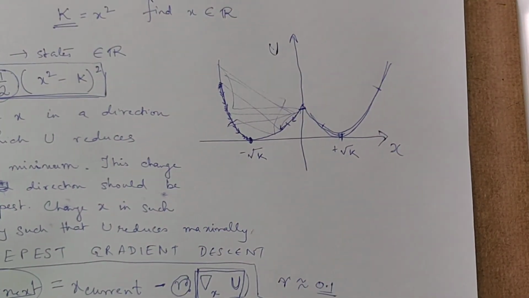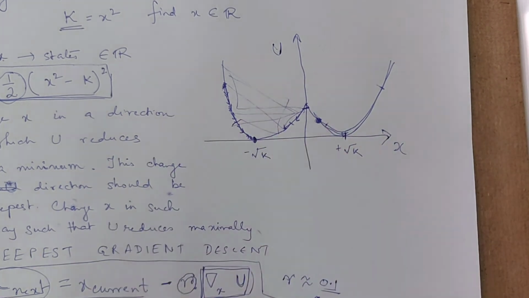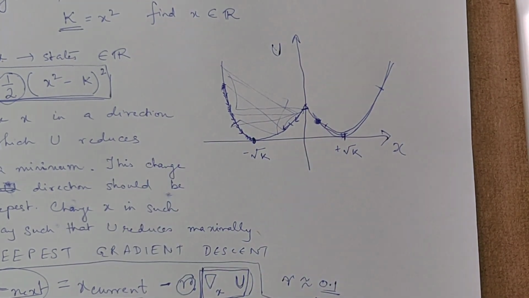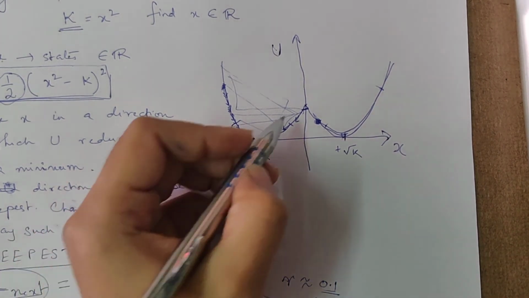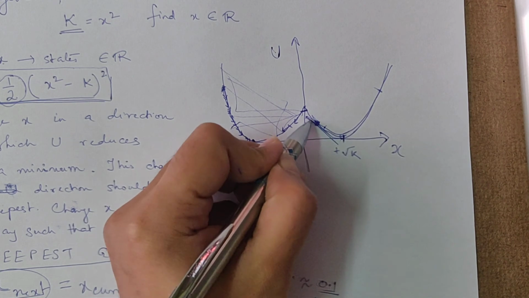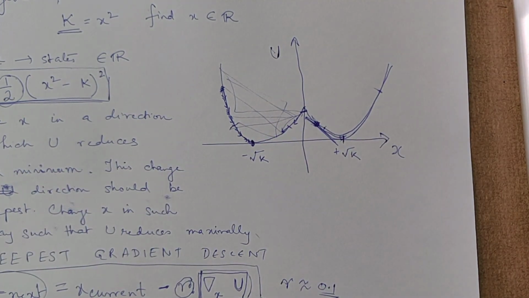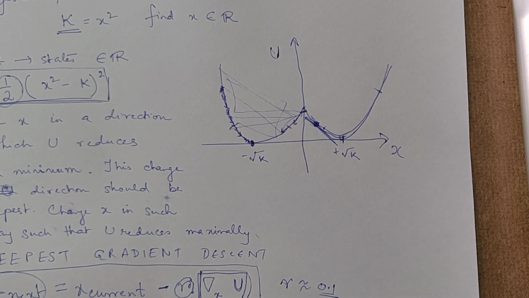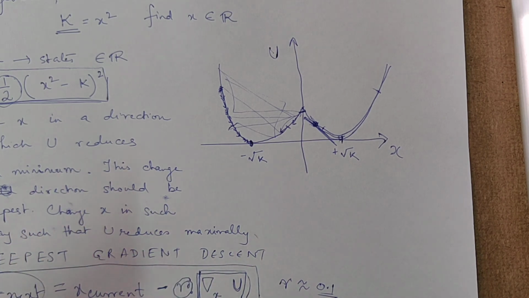See, for example, this is my current state. The gradient actually gives me the slope. So this slope will be negative. If the slope is negative, minus of that negative sign is something positive.